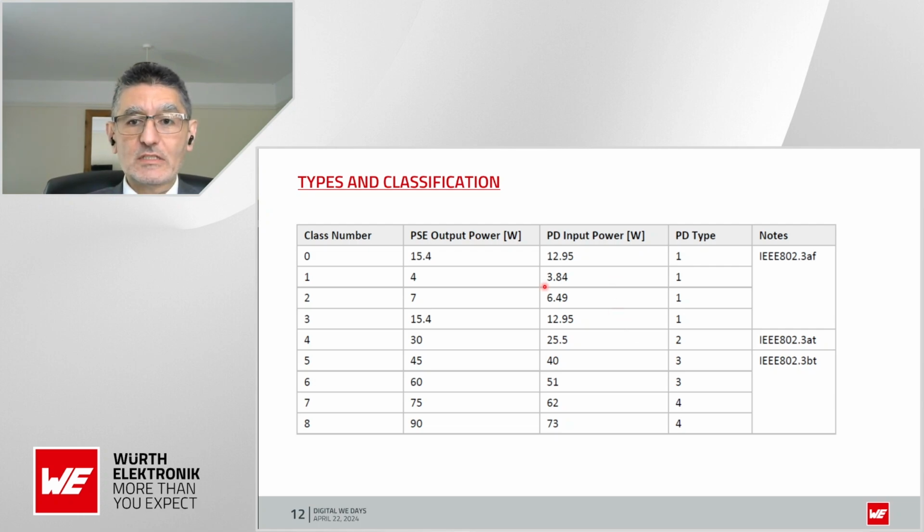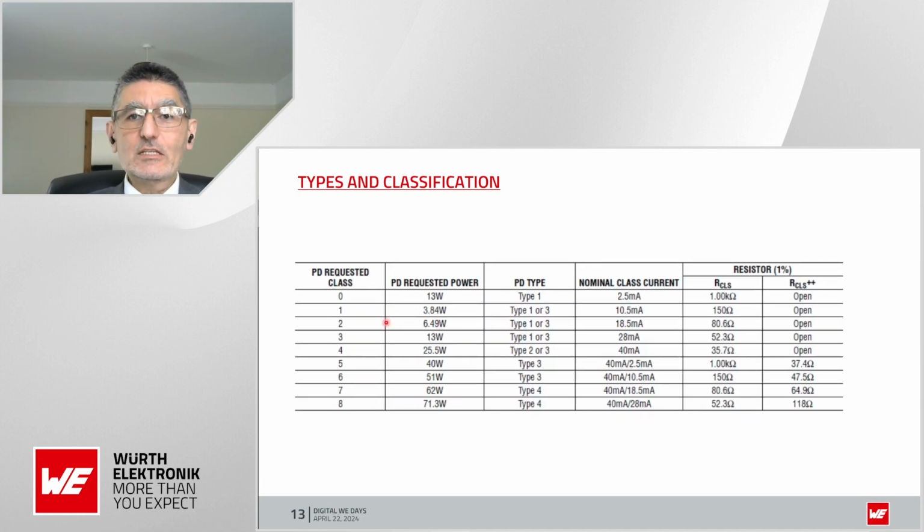That's what you see on this table here, with the class number to identify the level of power that the PD requires to operate. So we've got the type, as we've shown at the beginning, types 1, 2, 3, and 4. And of course, we've got the classification as well. This is usually done, and this is an extract out of an LT IC, just to give you an indication of how we set this from a classification, for example, a resistance point of view.